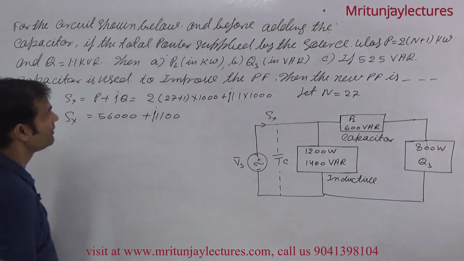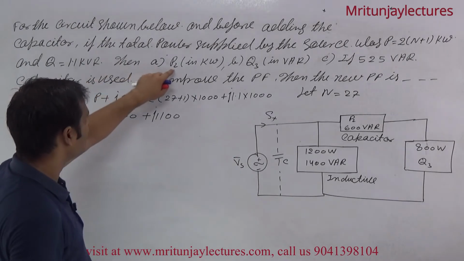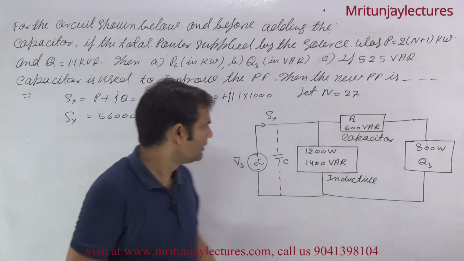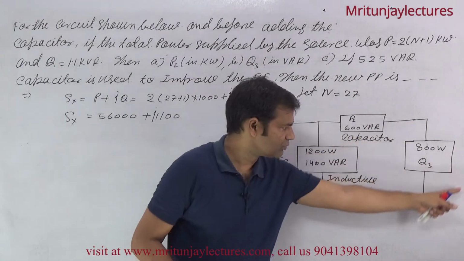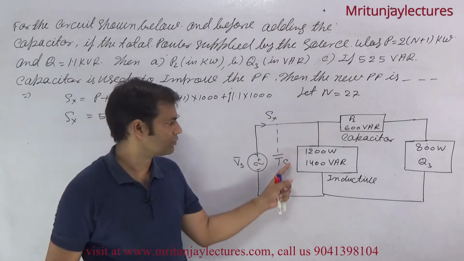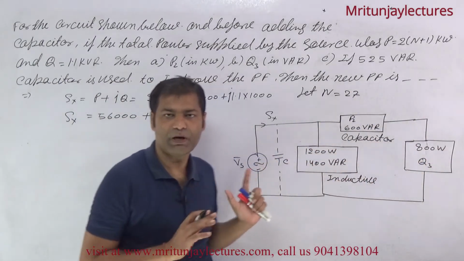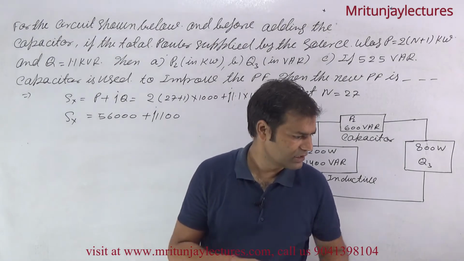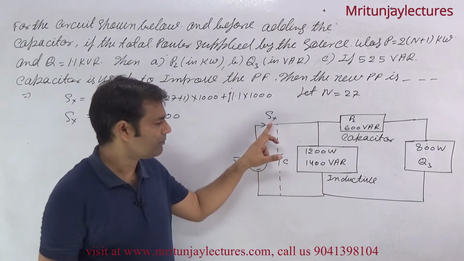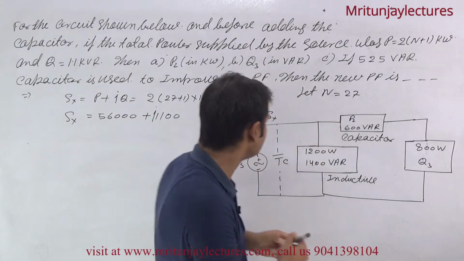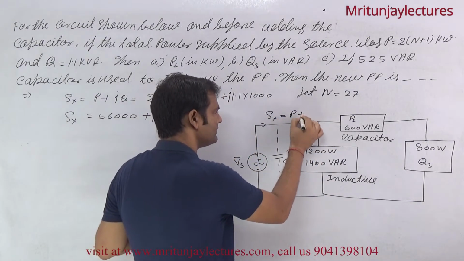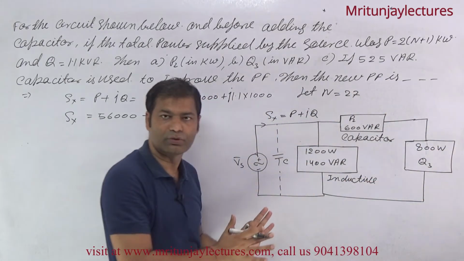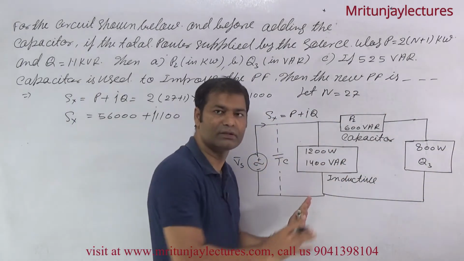Clear? Now corresponding to the question, what about P2? First of all, the total power supplied by this source, or you can say the apparent power P plus jQ, is equal to the total load power.